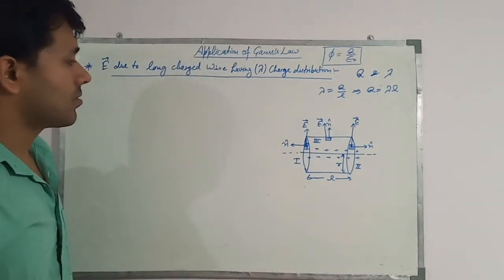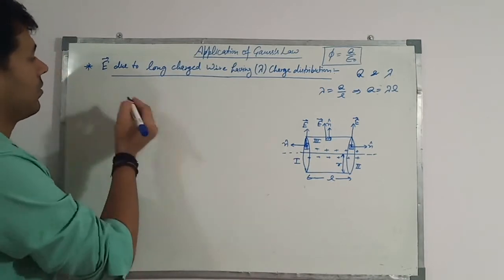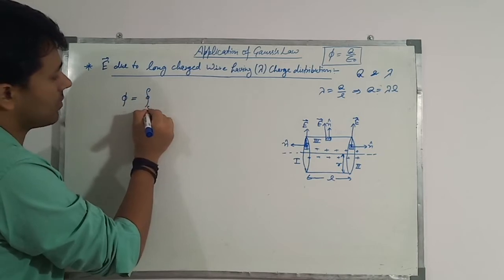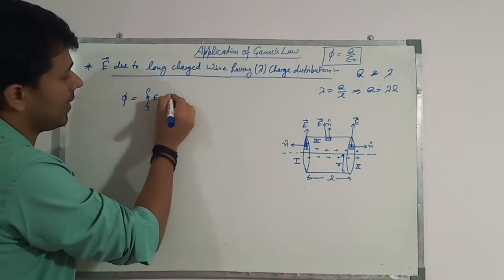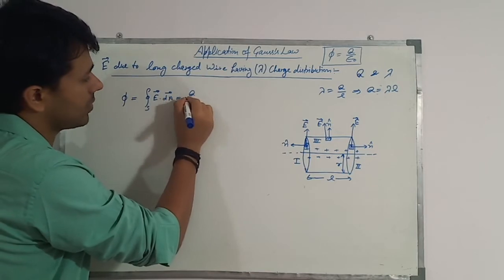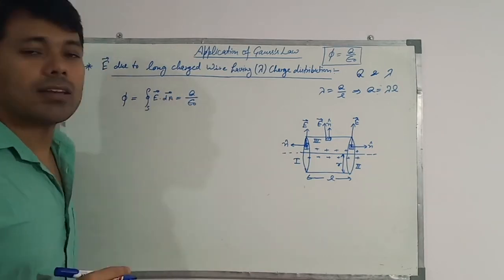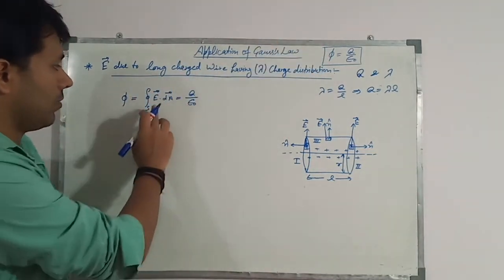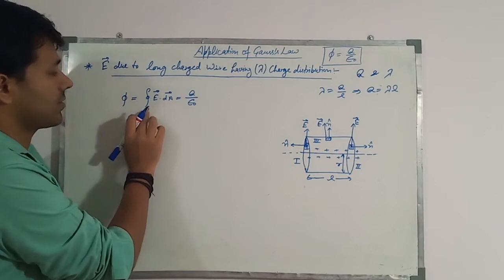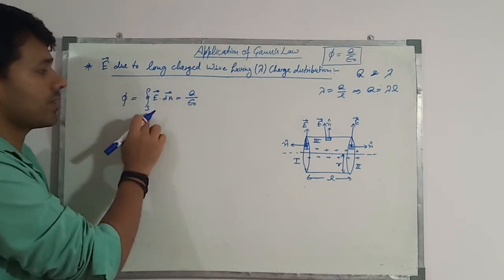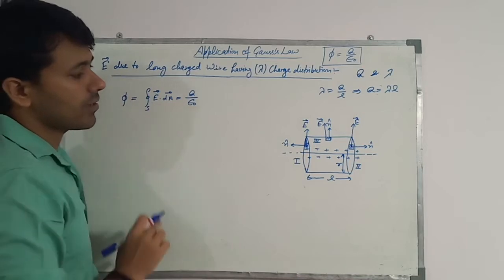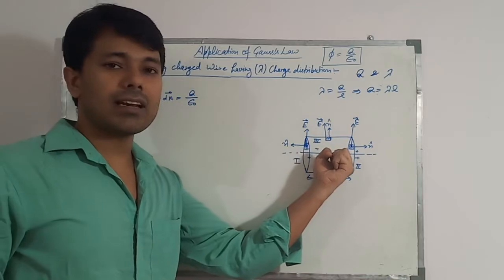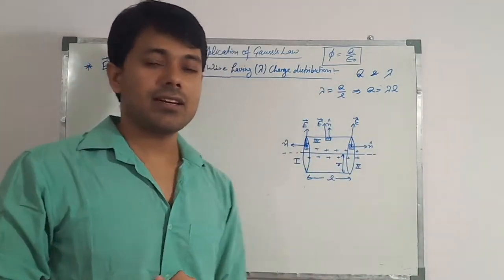So according to Gauss law, total flux over a closed surface, integral of E dot dA, is equal to the total charge enclosed upon epsilon naught. Now this closed surface is made up of three areas, first, second and third. When all three are combined, it is a closed surface.